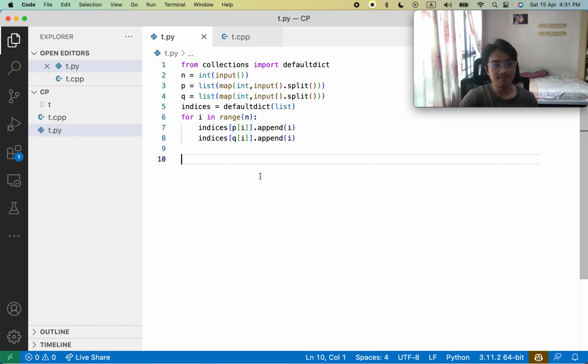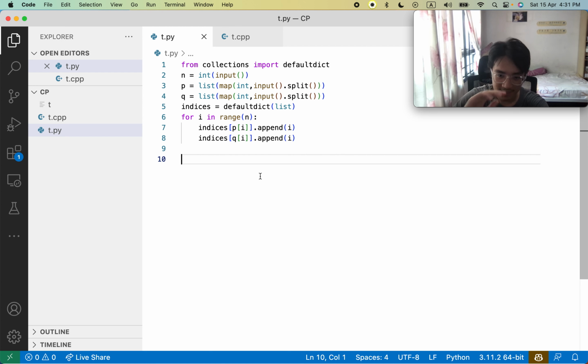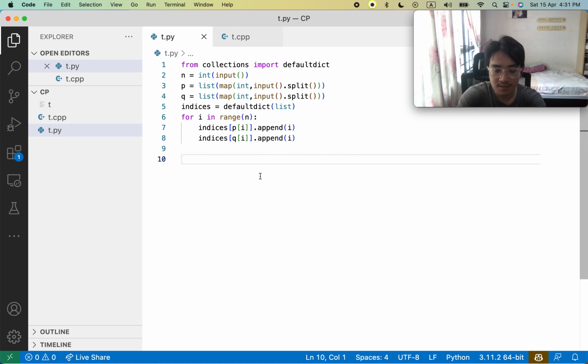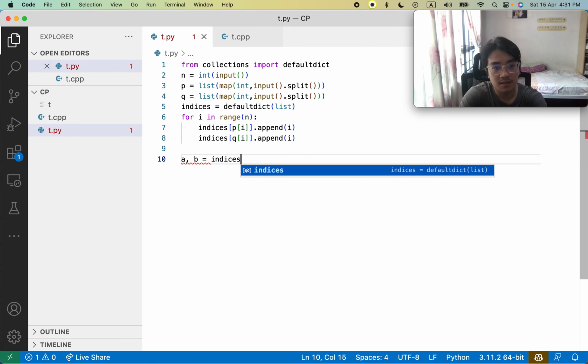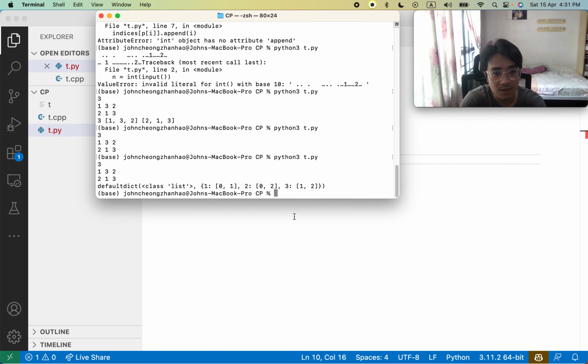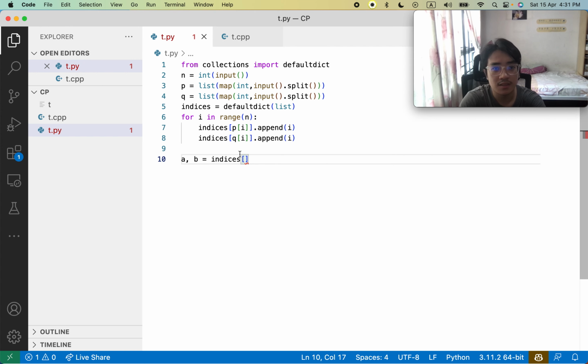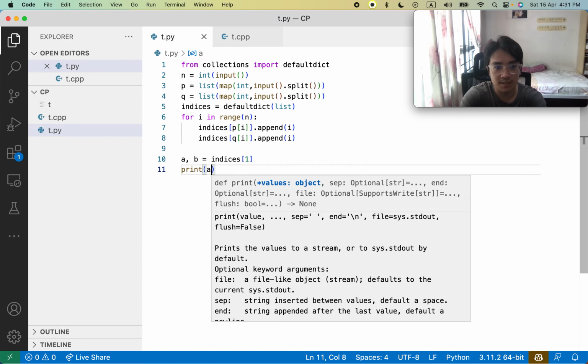Okay, I think what we can do is we can create an A and B value, which basically corresponds to indices. Let's see. So we have 1, 2, and 3. Indices 1, and I'm not sure if this extracts the, let's take a look.